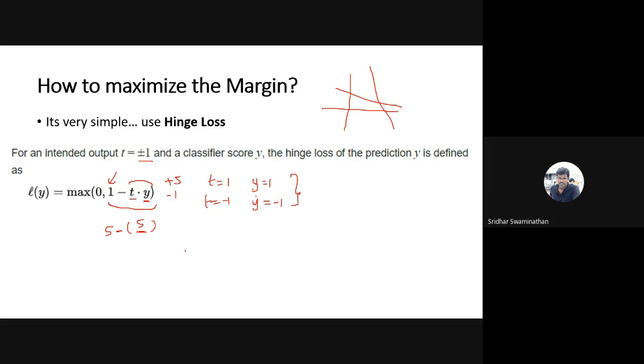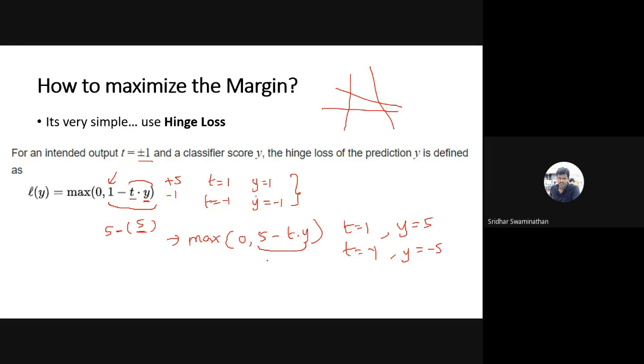So if we change this loss function to max of 0 comma 5 minus t into y, if t is equal to 1, then your y should be 5. Only then this function will become 0, because 5 minus 5 is 0. Again, if t is equal to minus 1, then your y should be minus 5. Otherwise, what will happen?